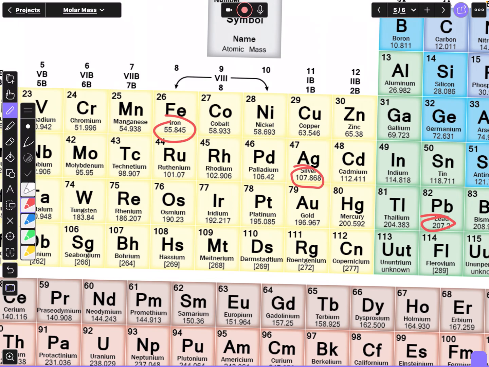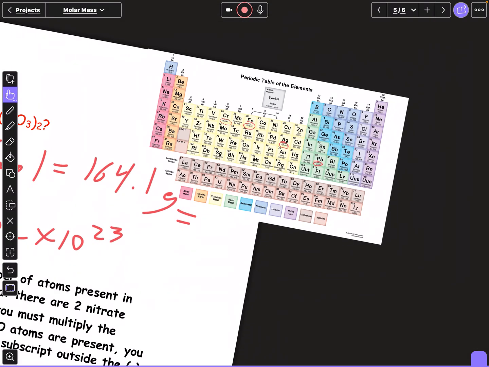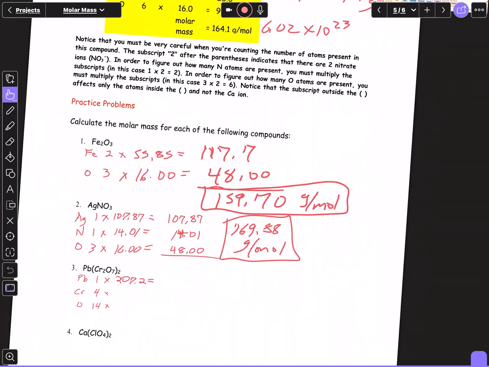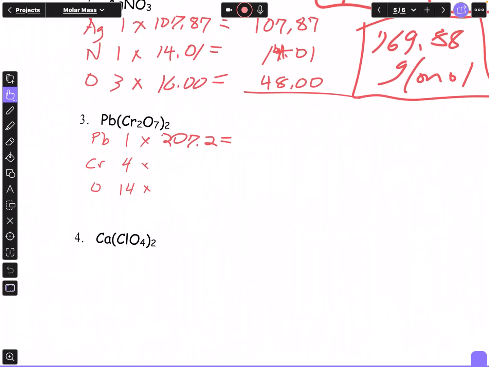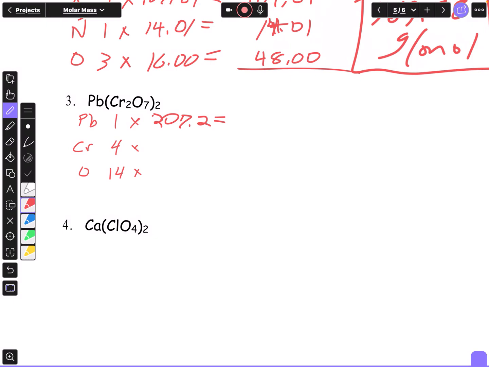Chromium is 51.99, which I can round to 52.00. Then oxygen is 16.00.